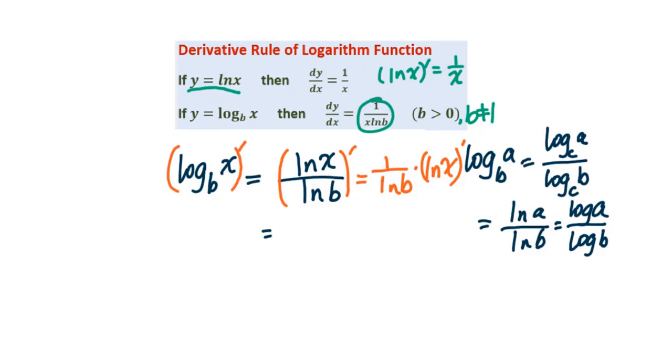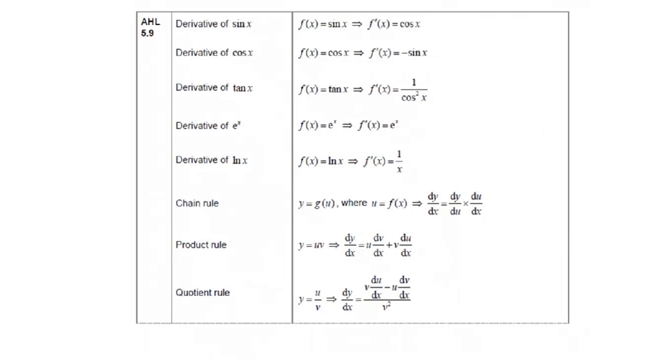Therefore, you will get 1 over natural log of b times 1 over x. So you get x natural log of b as a denominator, that's 1 over. This is the IB formula chart. You are given this formula for the derivative of natural log of x, that's 1 over x.